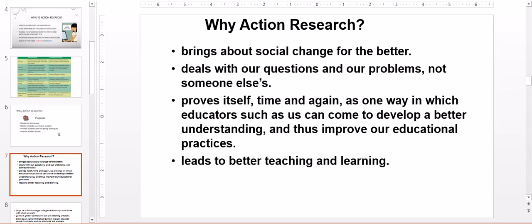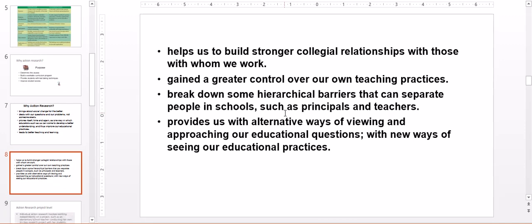So this is basically to see that we change ourselves. It mostly helps us change ourselves through action research and leads to better teaching and learning. It enhances teaching and learning because it is directly related to our own practice.